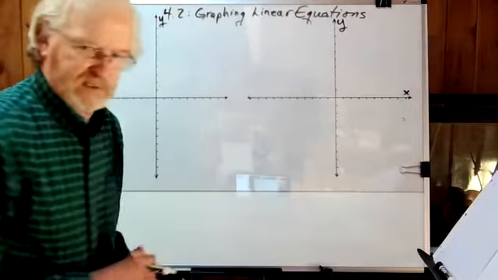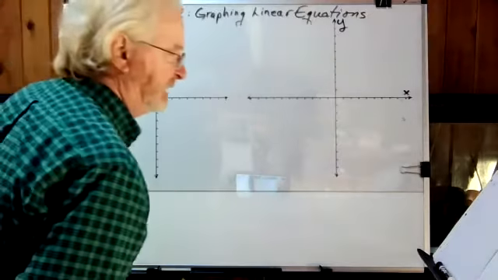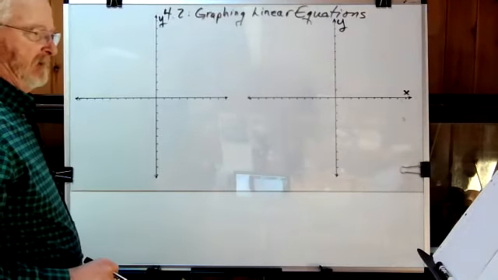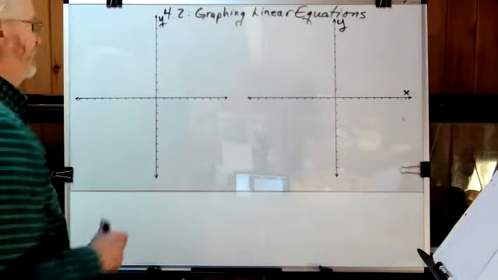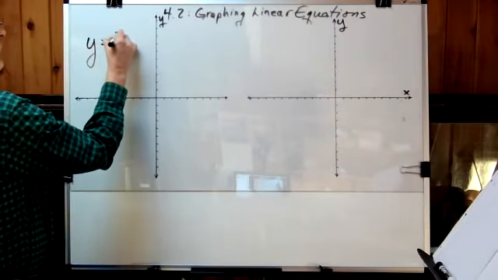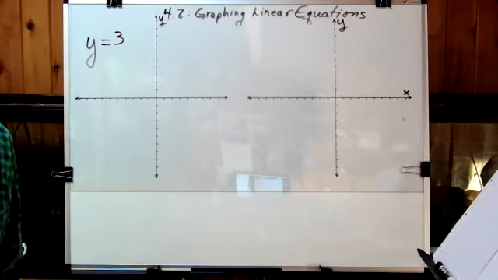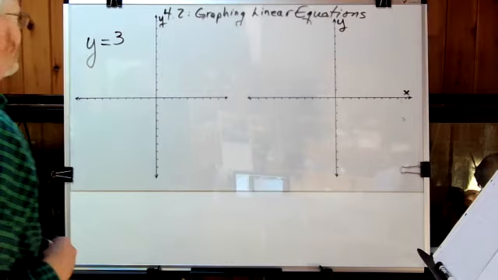A couple unusual ones here that we run into, that have sort of a special shape. How about one that just says y equals 3? There's no x value there. This is a special kind of line, and you have to learn what kind of line this is and keep it separate from the next one we're going to do.